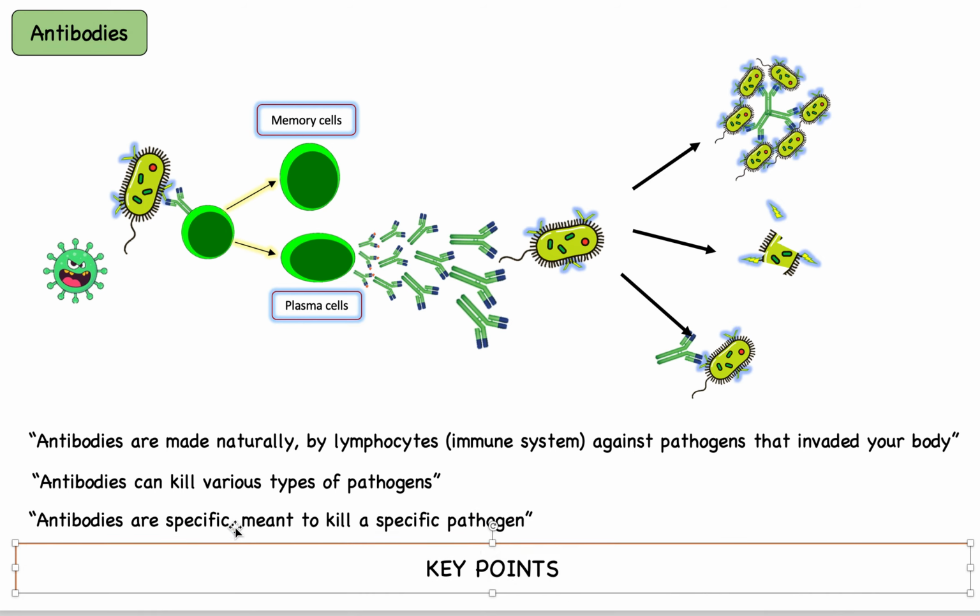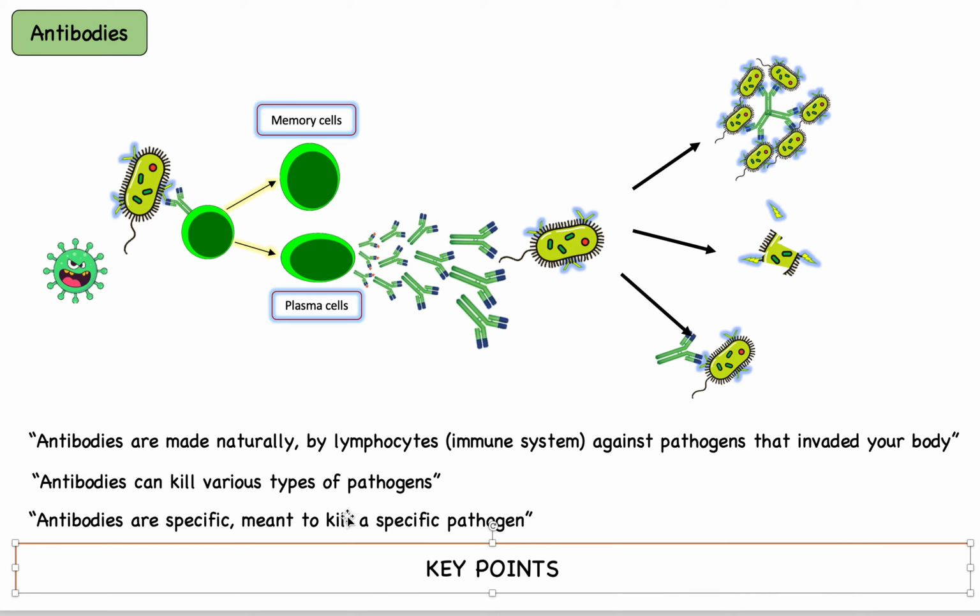Okay, antibodies are specific, meant to kill a specific pathogen. So these 2 points might confuse you a bit. I just said that they can kill various types of pathogens, but then here I say they're meant to kill a specific pathogen. What does this even mean? So when I say various types of pathogens, I mean it can kill viruses, bacteria, parasites, all these different types. They're not restricted to only killing bacteria or viruses. They can kill all of them.